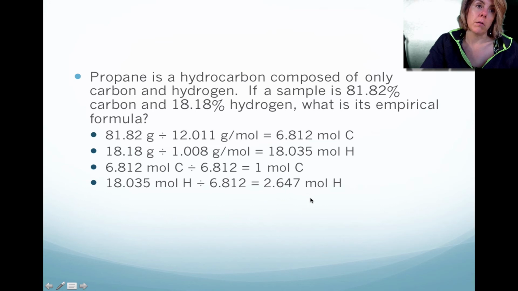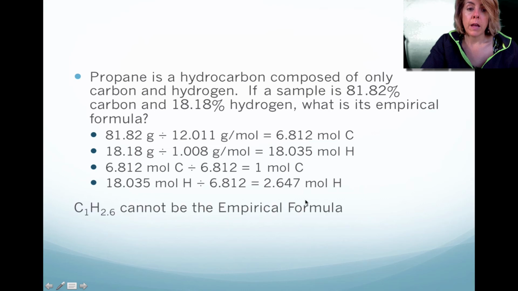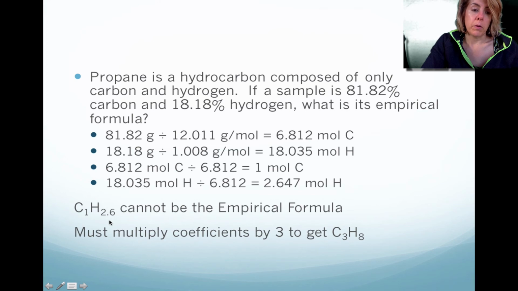So we don't get a ratio of 1. We get something bigger than 2. Now, since you cannot use a fraction as a subscript, you have to multiply it by a multiple. And the best way to get rid of this 2.6 is to multiply it by 3. And you have to multiply both atoms by that factor, and this becomes C3H8. So that's how we would get a whole number for the subscript.